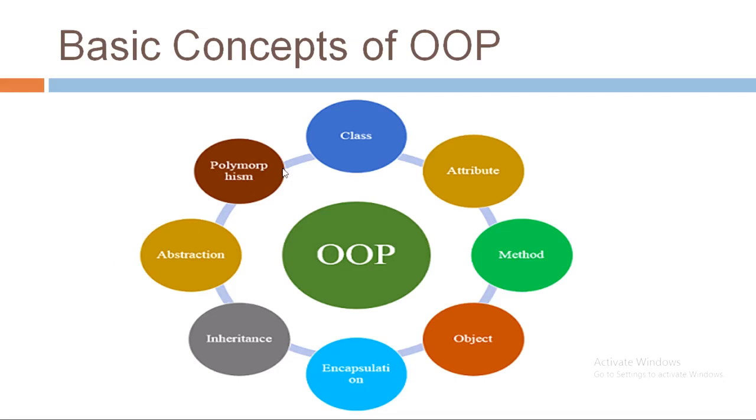You can see class, attribute, method, object, encapsulation, inheritance, abstraction and polymorphism as the basic concepts of object-oriented programming. These are known as the basic fundamental requirements to implement the object-oriented paradigm in your system.